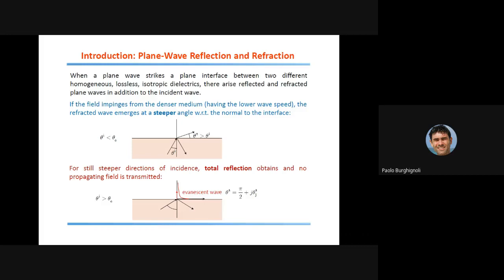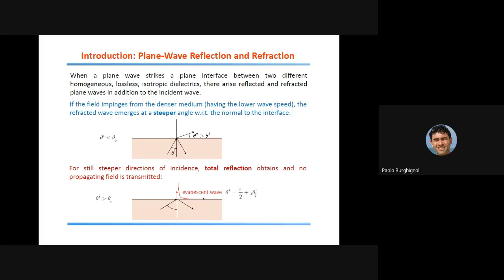And we know that there is a critical angle, after which we have total reflection, that is, the transmitted plane wave is not uniform anymore, but it is rather evanescent in the direction orthogonal to the boundary between the two media. This evanescent wave is described in terms of a complex transmission angle, theta_t, with a real part equal to pi/2 and some imaginary part, theta_t'.